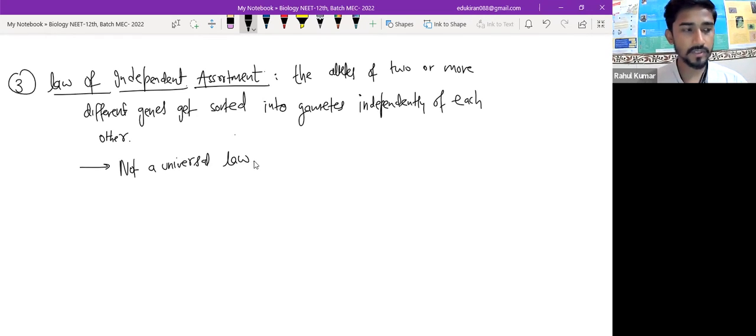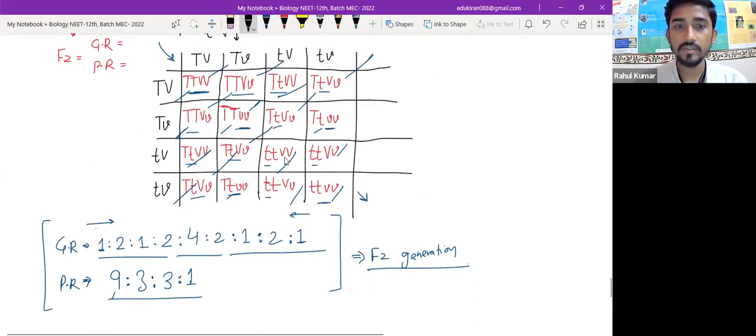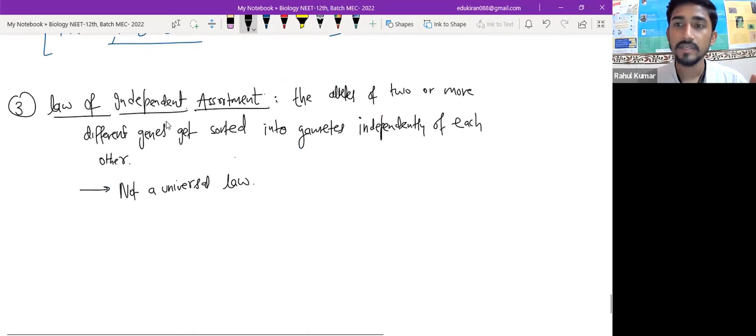So there is no exception in the fact that alleles segregate independent of each other to make gametes in a given gene. That holds true all the time. But it is not true all the time that genes segregate independent of each other. Do you understand this? It was doing that in case of pea plant. So this is the normal scenario where they segregate independent of each other. All the alleles of all the genes segregate independent of each other.